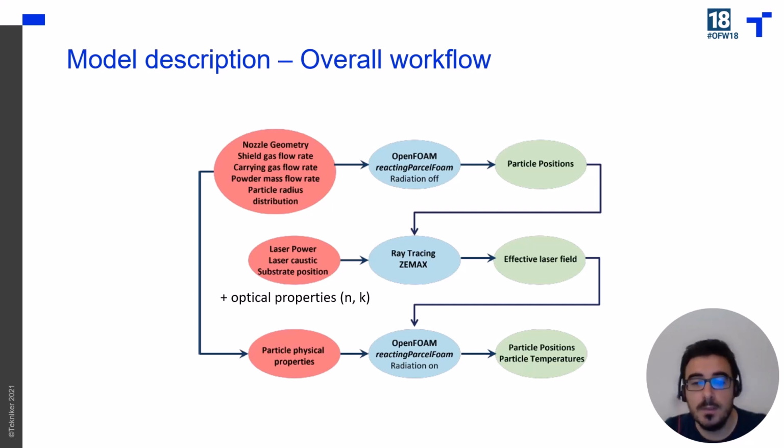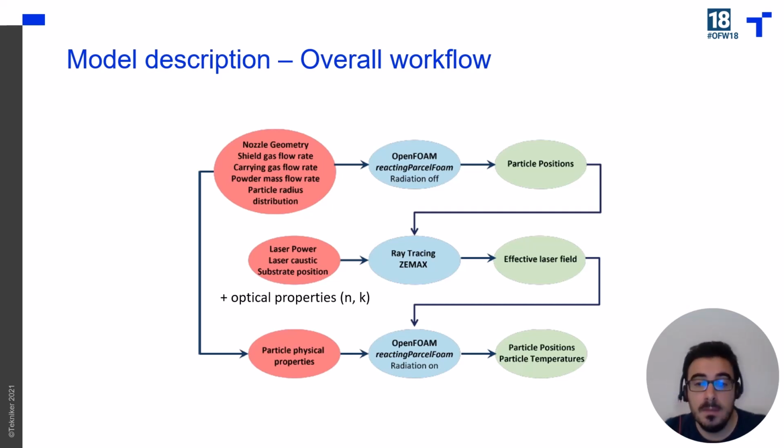This is outside of OpenFOAM, but we use particle positions as inputs and also experimental characterization of our laser source, which is basically the laser power and the efficiency of the optical system, the laser caustic, that is the three-dimensional distribution of our laser irradiance, and also the substrate position.